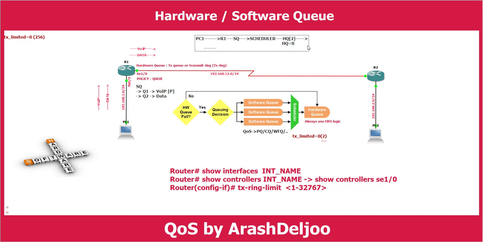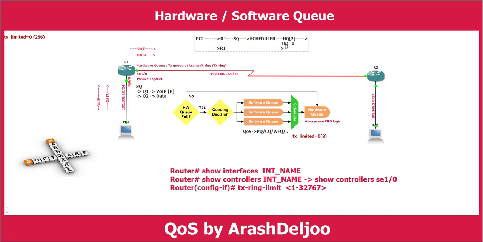This packet is received on router 1, and after routing, router 1 understands that the packet should be forwarded on the serial 1/0. Because the hardware queue is empty, we don't use the software queue. Actually, the traffic goes directly to the hardware queue. What does it mean? You know that the functionality of the hardware queue is driving the link utilization to 100%.